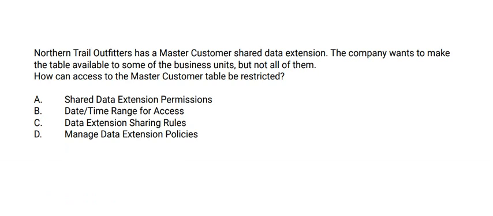Options are: option A, shared data extension permissions; option B, date or time range for access; option C, data extension sharing rules; and option D, manage data extension policies. The correct option is option C.